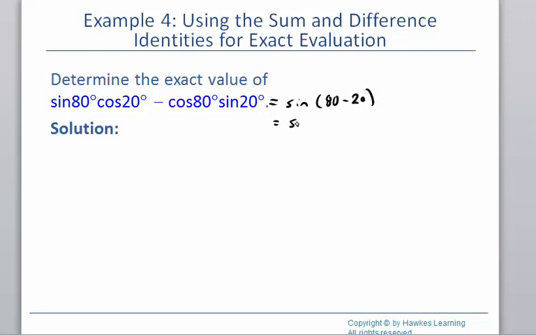So 80 minus 20 is 60. And sine 60 is one of the values that's on my chart, on my unit circle. And I can find that that's equal to square root of 3 over 2. Okay, so we take this problem that looked pretty difficult to begin with, and if we can recognize it as our difference identity for sine, then we can work it very easily.